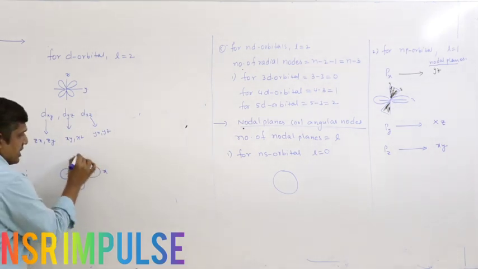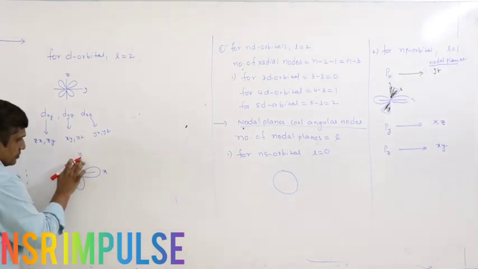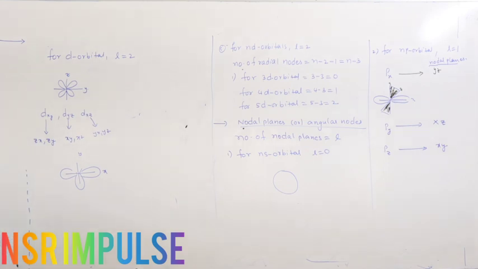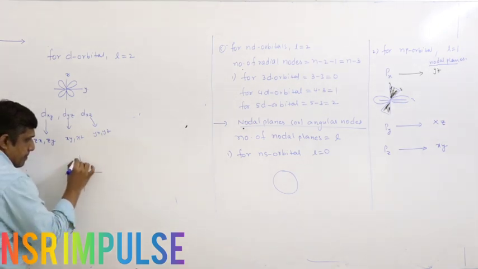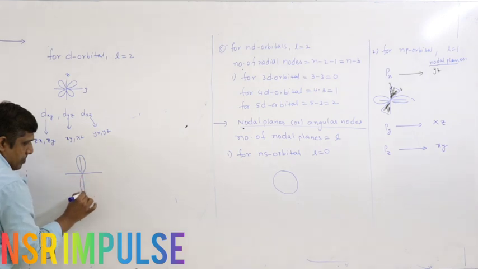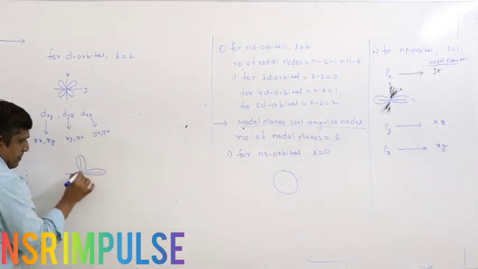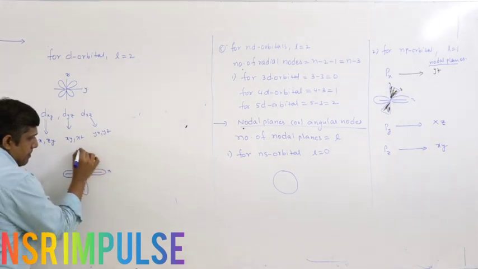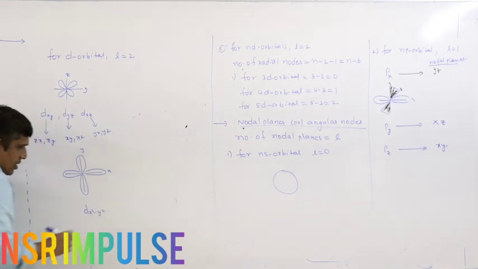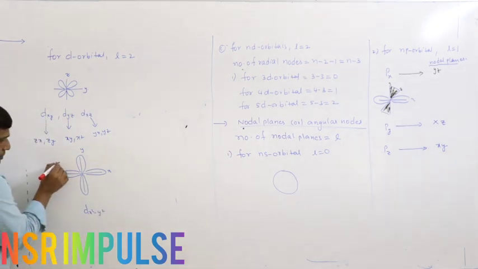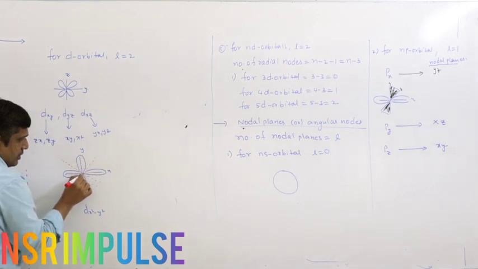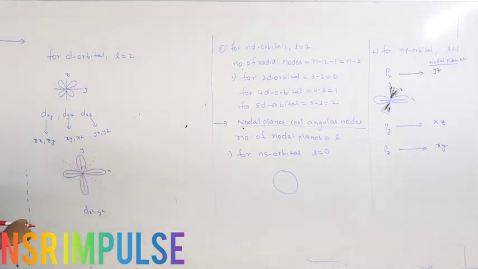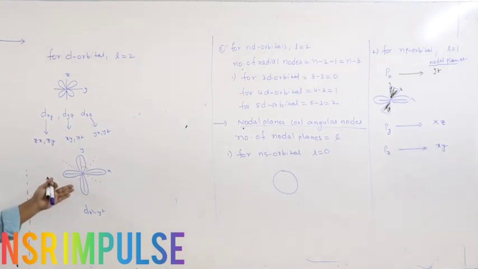If I consider this as the x and y axis, then here we have to consider a plane at an angle of 45 degrees to the y axis and a plane at an angle of 45 degrees to the x axis.